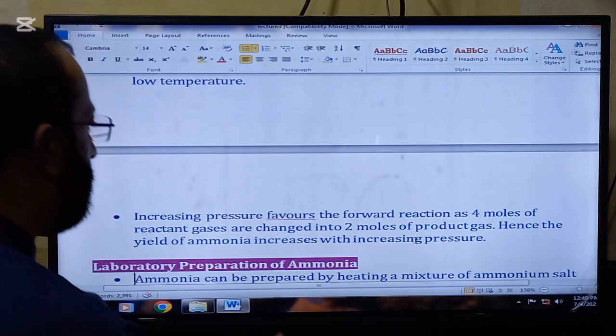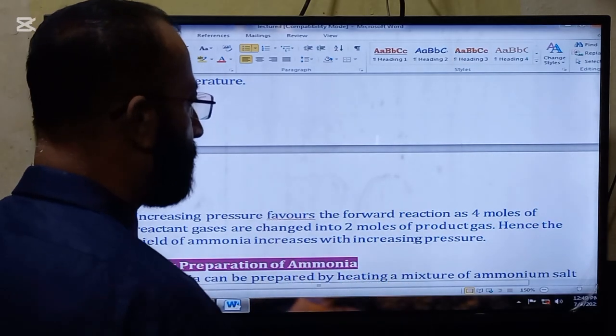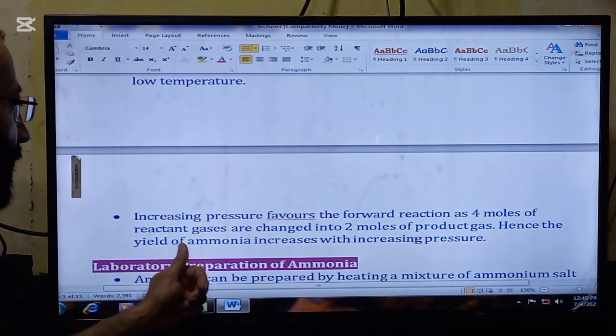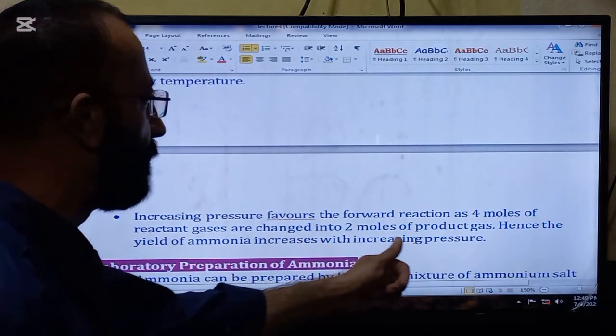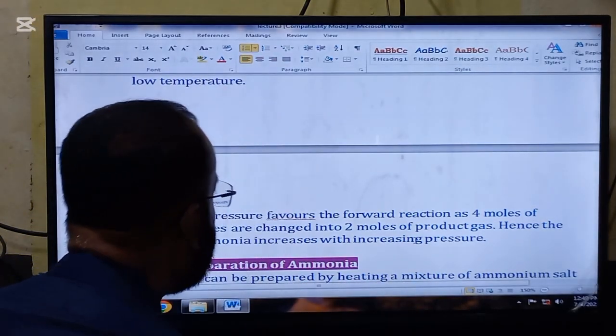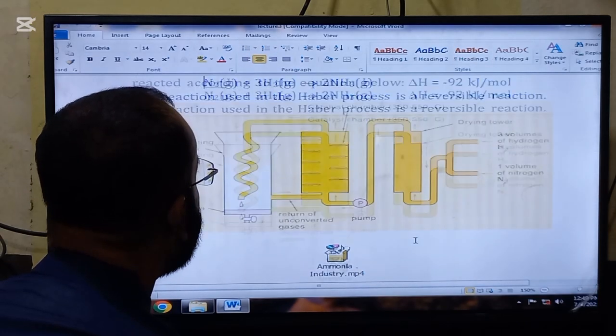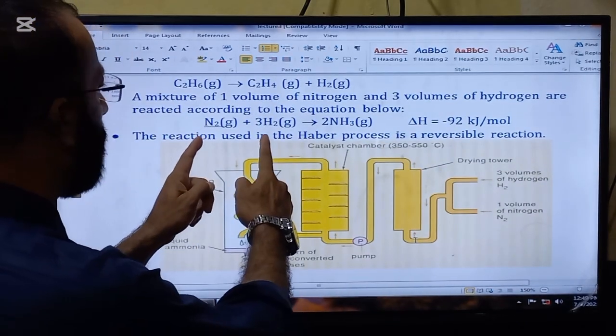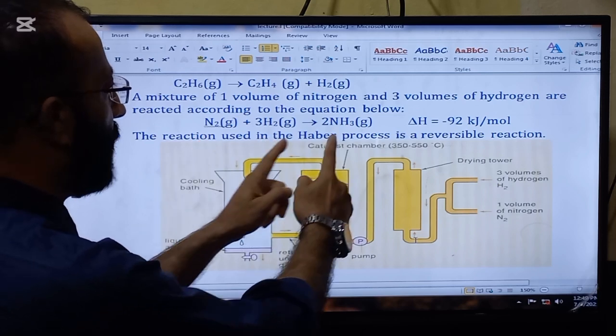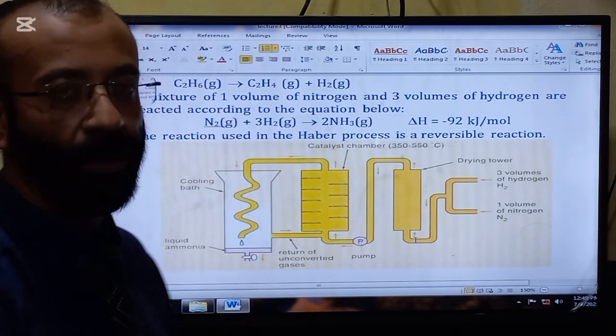Increasing pressure favors the forward reaction, as 4 moles of the reactant gases are changed into 2 moles of the product gases. So look now, because in the reaction you can see 4 moles of the reactants are there and 2 moles of the products are there.